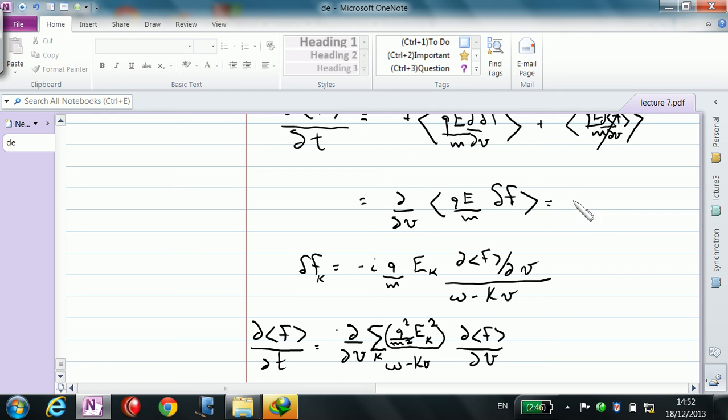But, you know, I could have written this as follows. I could have written E times the sum over k. I could have made the Fourier decomposition here.